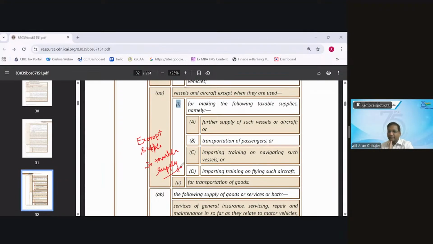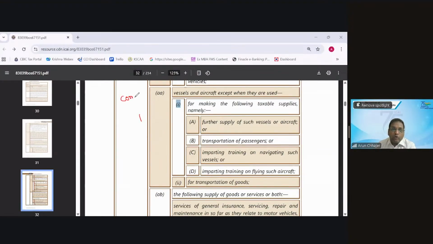Just tell me one thing. Whether exempt supply is a taxable supply? See, there are two types of supplies only.